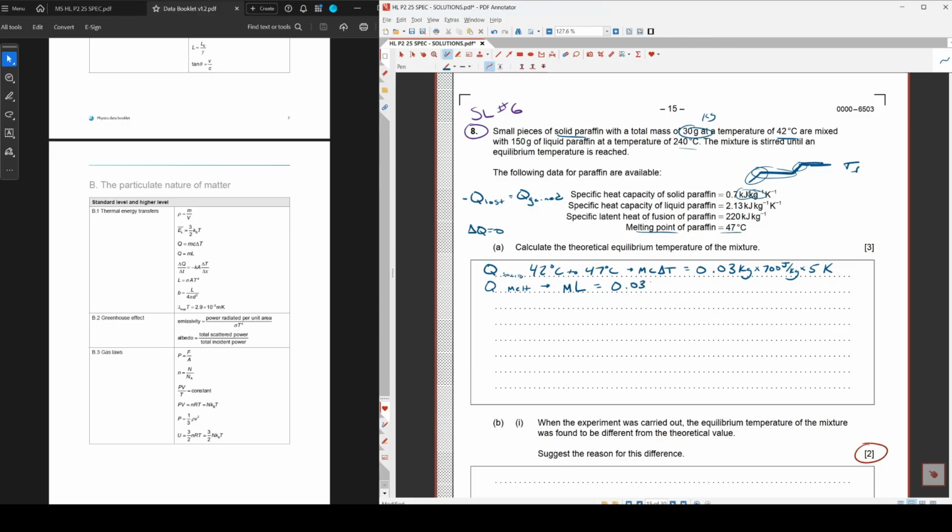I still have this many kilograms, and I just multiply by L, 220 kilojoules per kilogram. You could do everything in kilojoules if you like, just be consistent. You'll get the same thing. That's 6,600 joules. Oh, I should have put this here. This is 105 joules. This is one where I'm going to do the math as I go, because it makes more sense to me to keep track of the amounts of energy to picture what's happening.